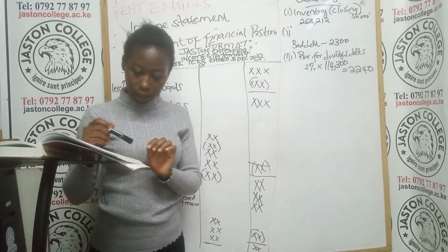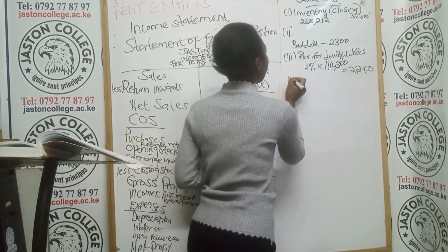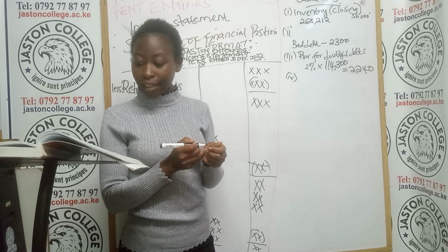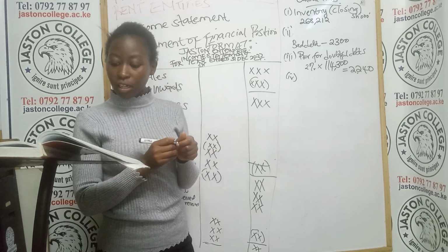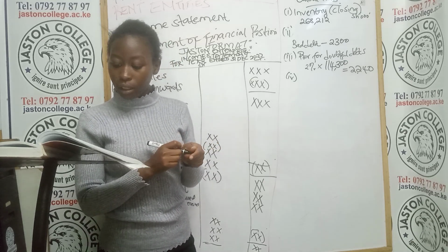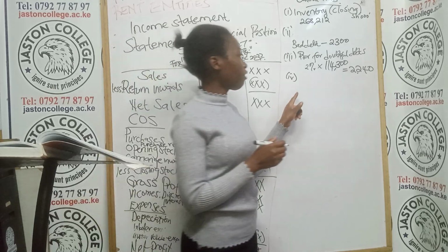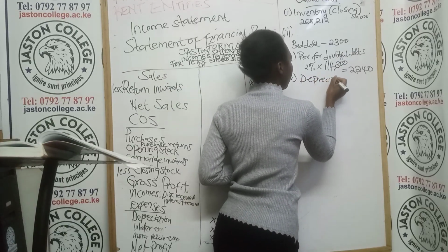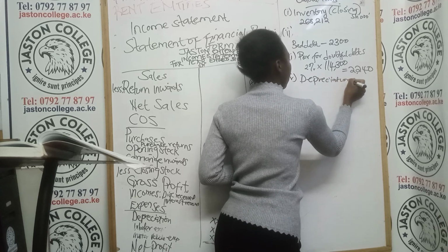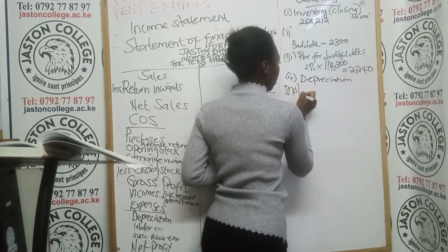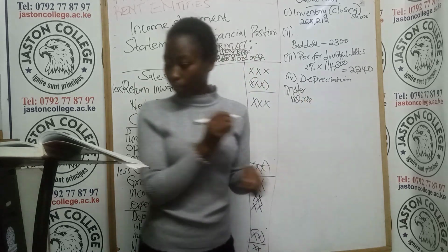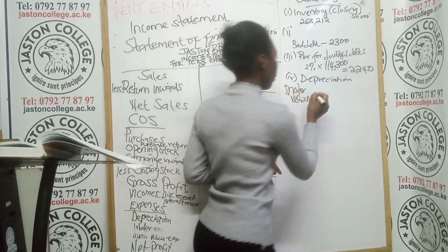Note number 4. We are told the assets are depreciated on a straight line basis at the following rates per annum. So we have our motor vehicle depreciation on motor vehicle is 25%.